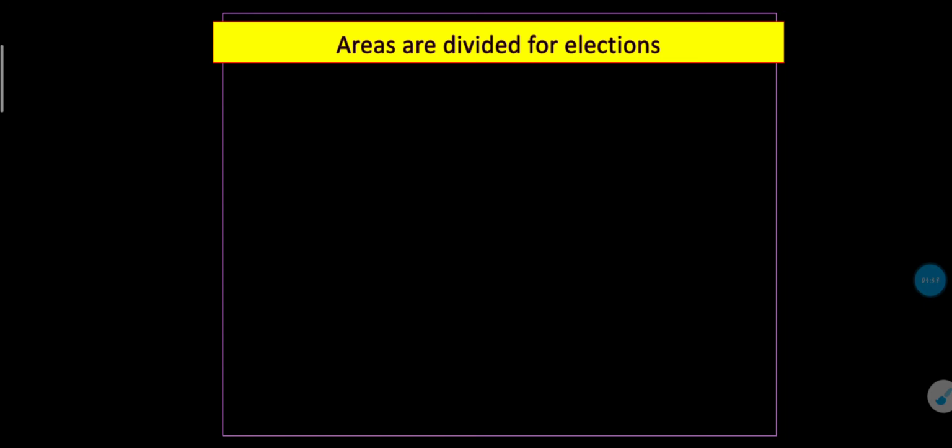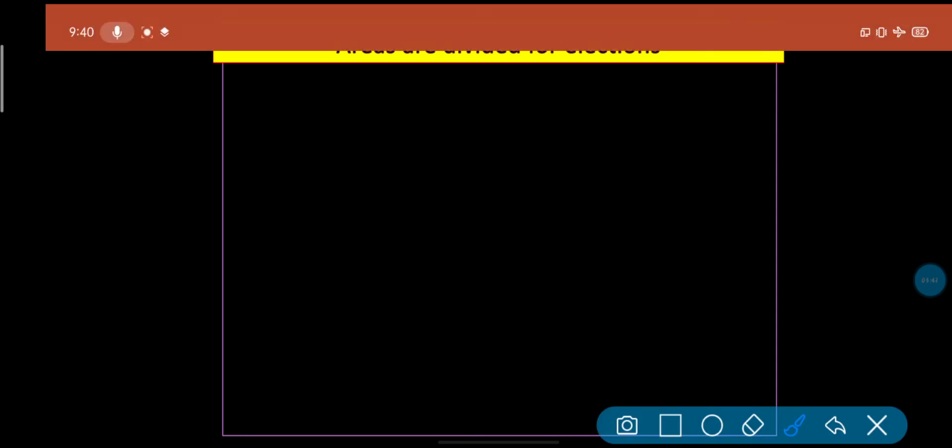Let me give you an example. Suppose there is one school and we need one representative of the school, but there are lots of students. Suppose there are more than 4,000 students.